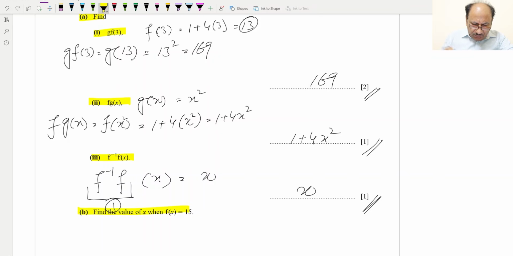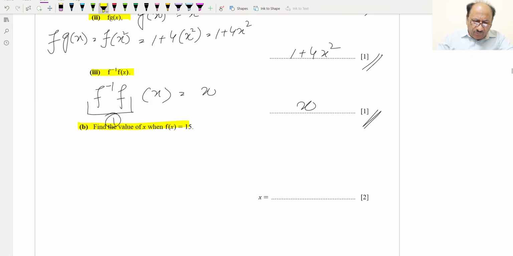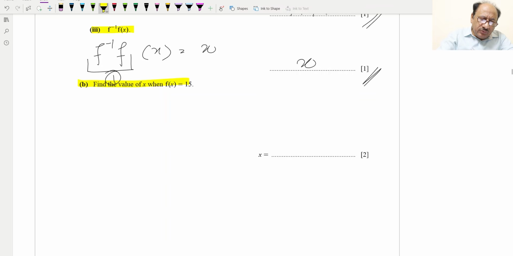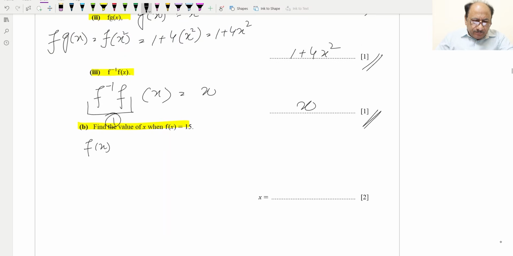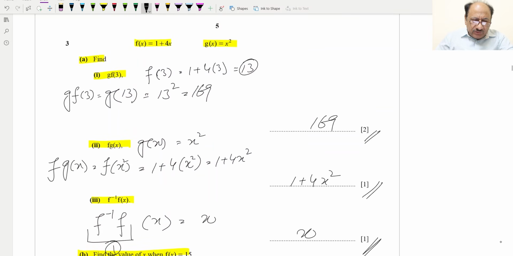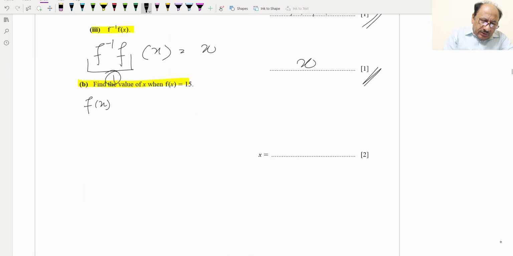Then they're saying B part, find the value of x when f of x is equal to 15. So we'll take f of x, which is 1 plus 4x. So we write 1 plus 4x is equal to 15, which is given.